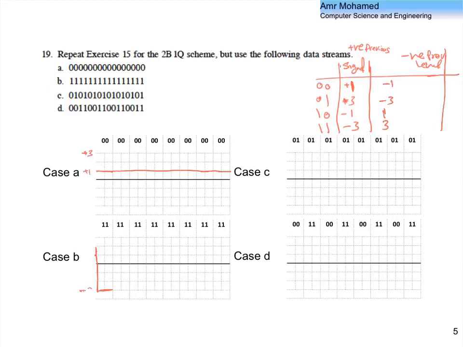So this is minus 3. Then 1, 1, and it's negative. So we go positive plus 3. Then it's positive, then we go negative. Minus 3 plus 3, minus 3 plus 3, and so on.